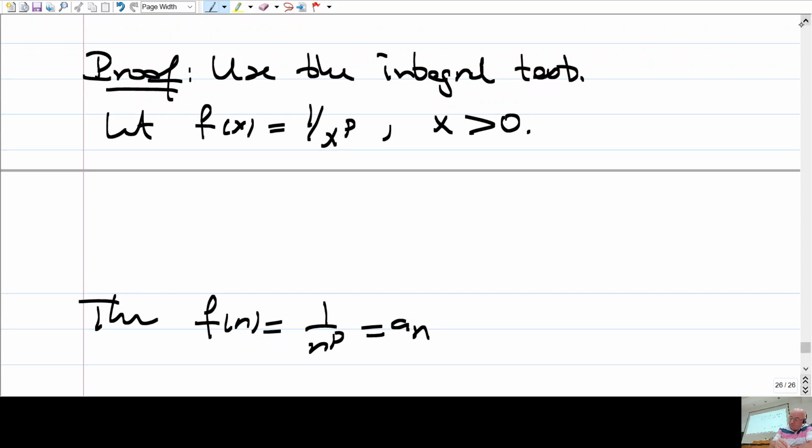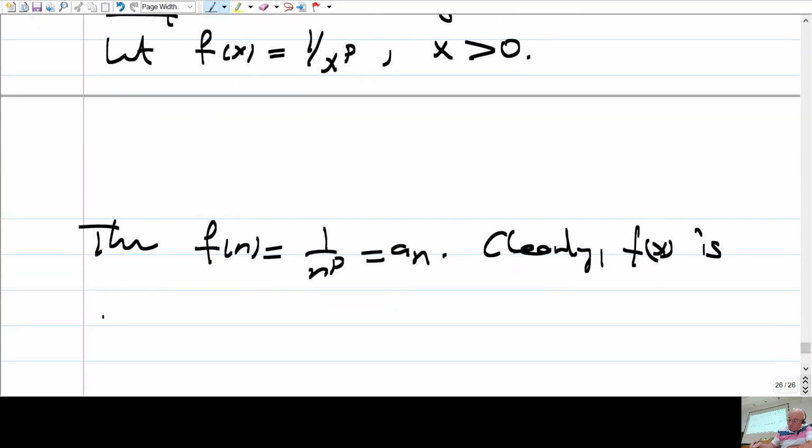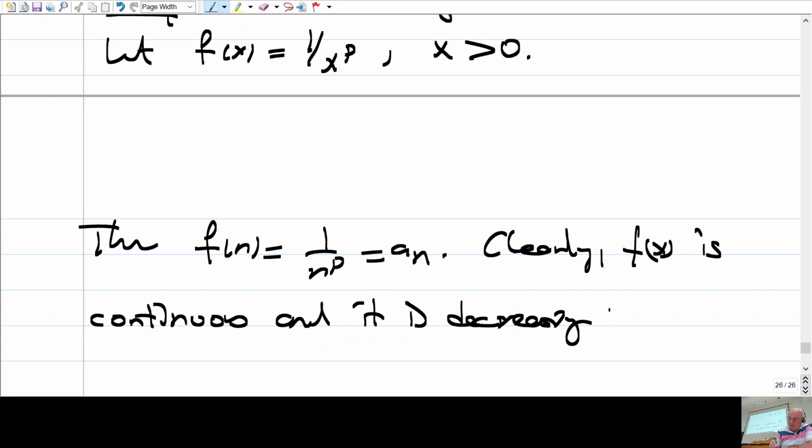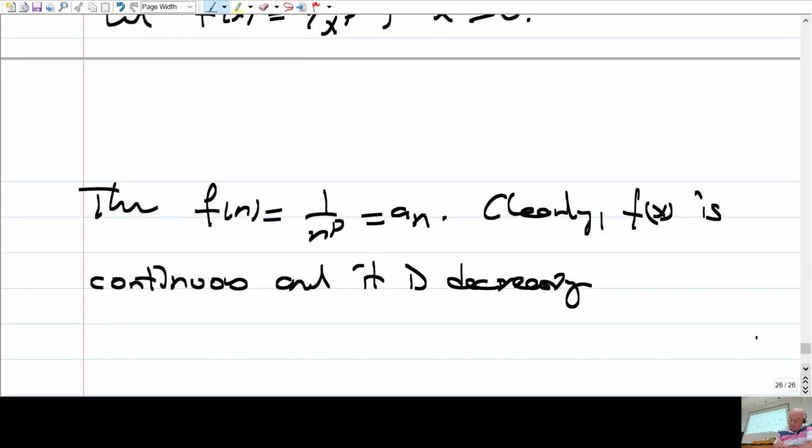And this function f of x is clearly continuous, and it is decreasing. Why is that? Just compute its derivative.